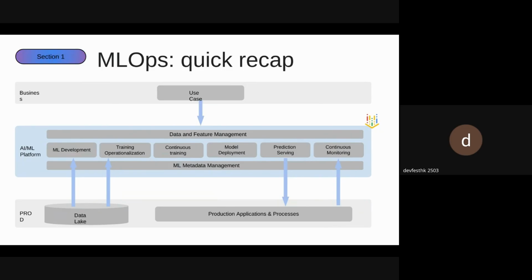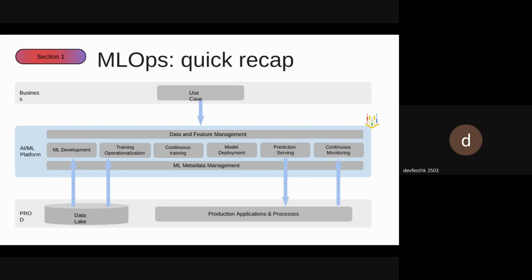Here is a quick recap of what is inside the MLOps pipeline. As you see, probably you're already familiar with machine learning development, training, continuous training, ML deployment, prediction serving, and continuous monitoring. How do we make those things deploy automatically?